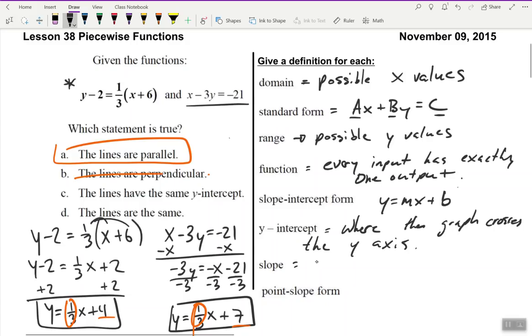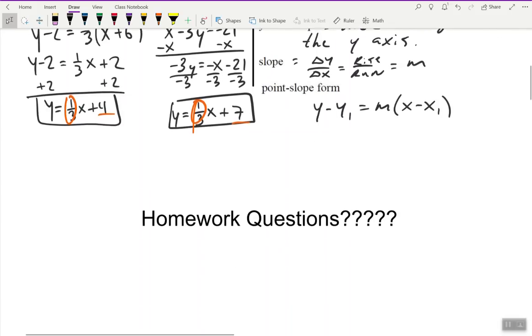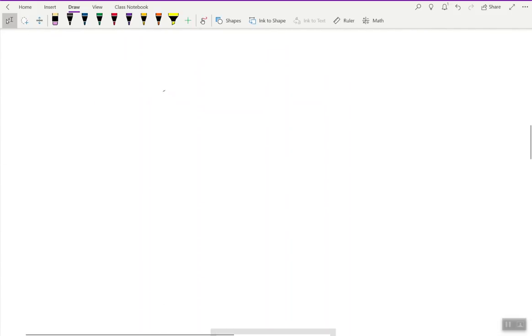Slope is change in y over change in x, or rise over run, m. Point slope form is y minus y sub 1 equals m times the quantity x minus x sub 1. Homework questions we'll do in class.